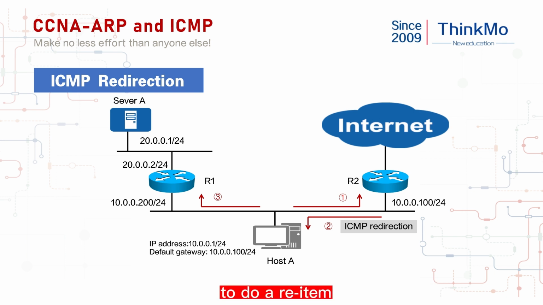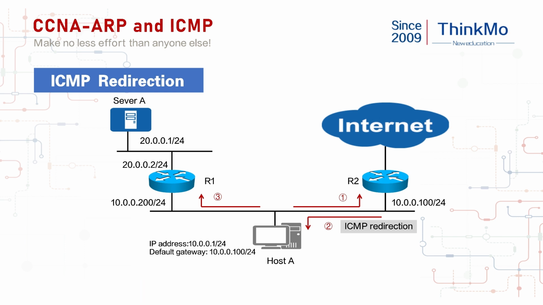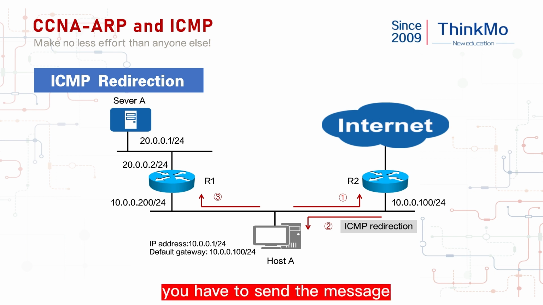Now the gateway discovers, after the data is passed, the gateway receives the message from the host through this interface. The gateway needs to help the host forward. You have to send the message through this interface again.